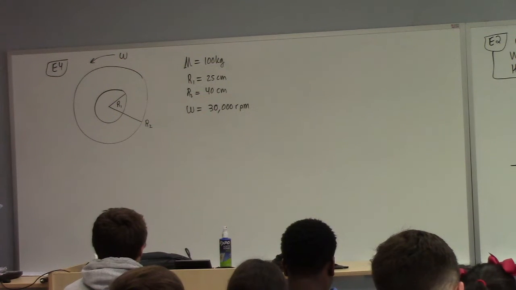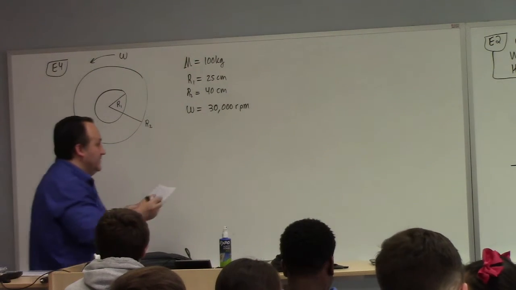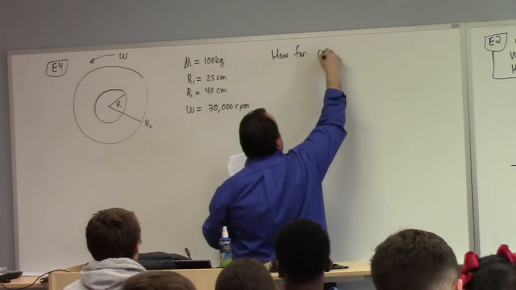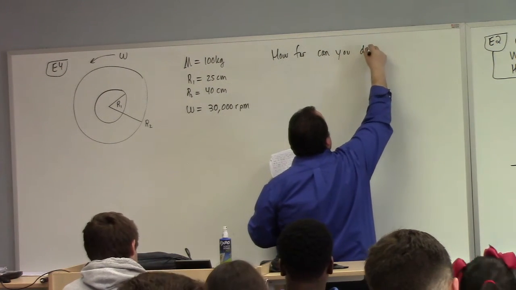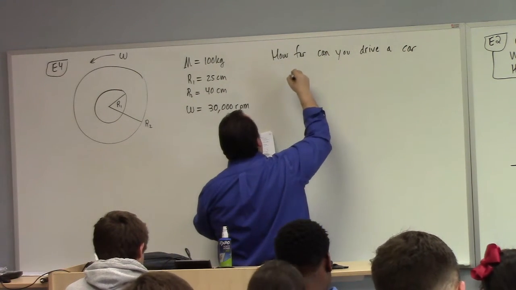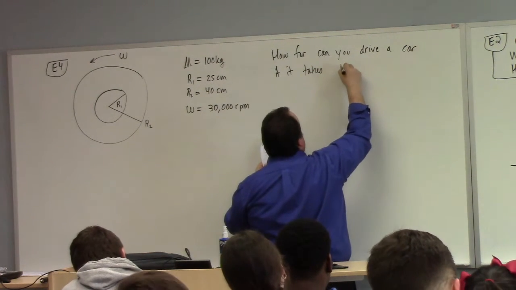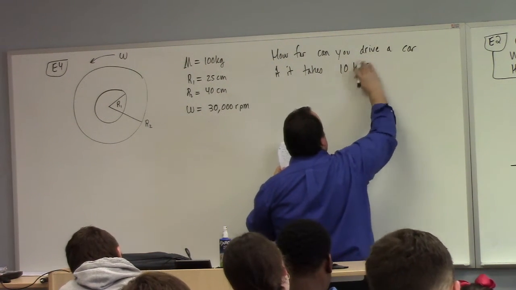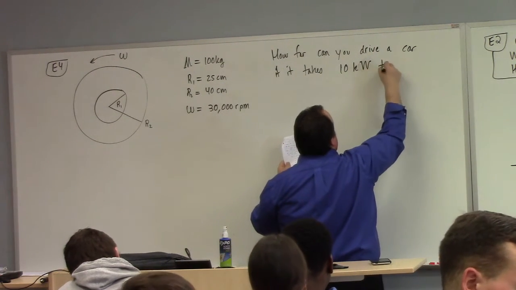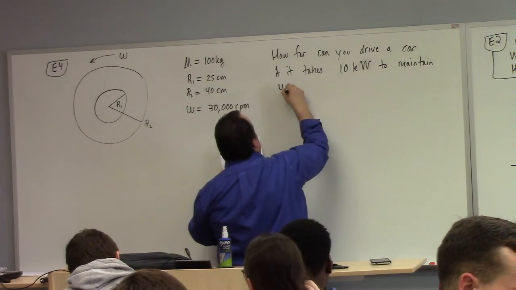Yeah. So here's the question: how far can you drive a car using this energy if it takes, on average, 10 kilowatt hours, which is 10 kilowatts, to maintain 40 mile per hour travel?